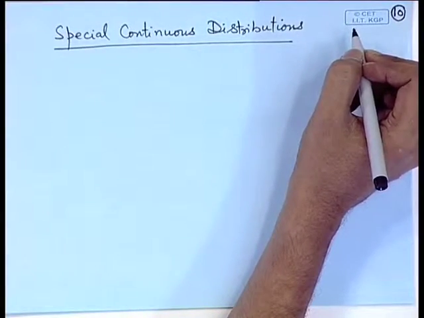As in the case of discrete distributions, the simplest example of a continuous distribution could be where the density is uniform, or the density is a constant. For example, you consider a rod with a uniform weight.